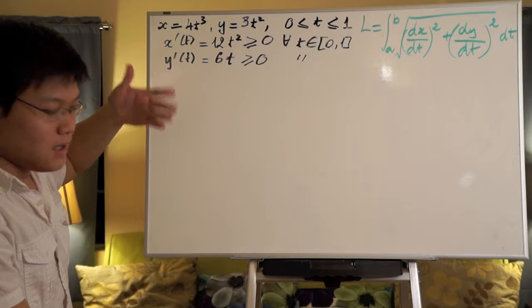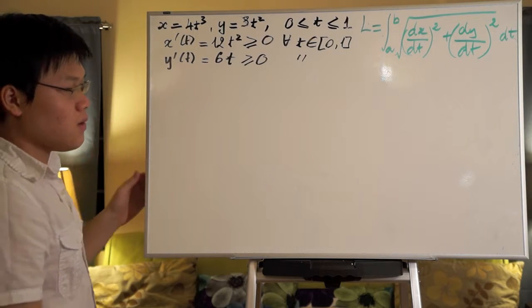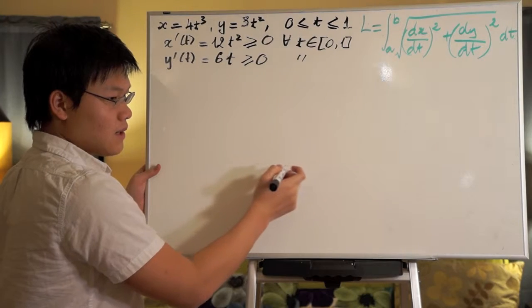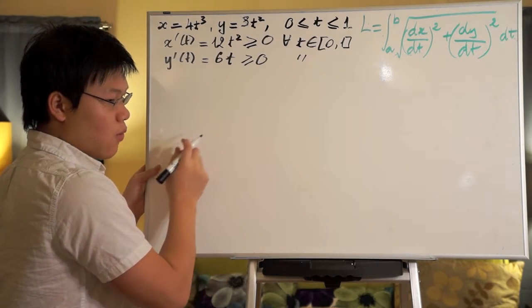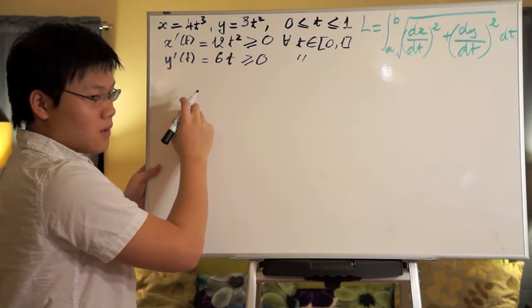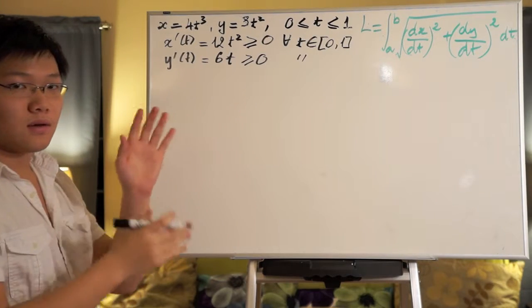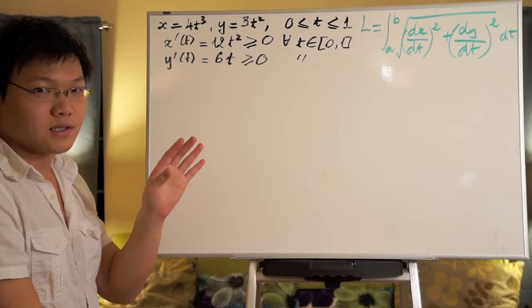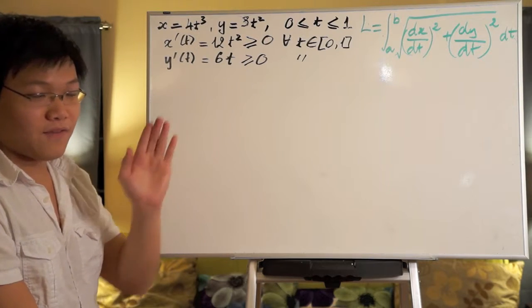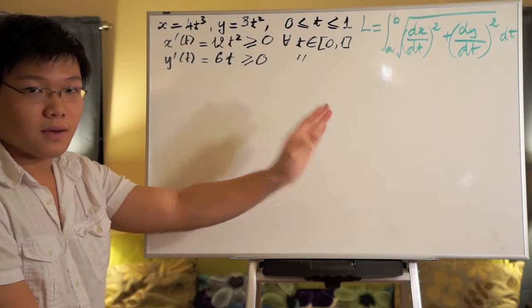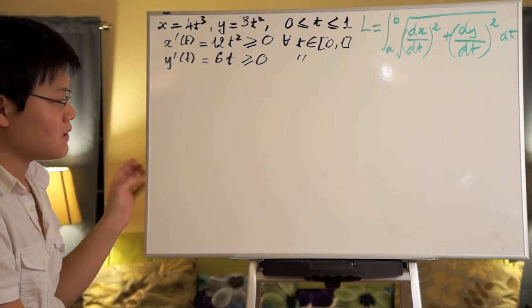You can think of it as a curve where the x direction is always increasing for any particular time t, and y, the vertical component, is always increasing. So it only has one direction to go: advance upward and advance to the right, based on the coordinate system.